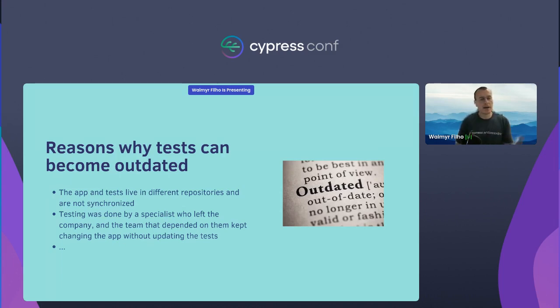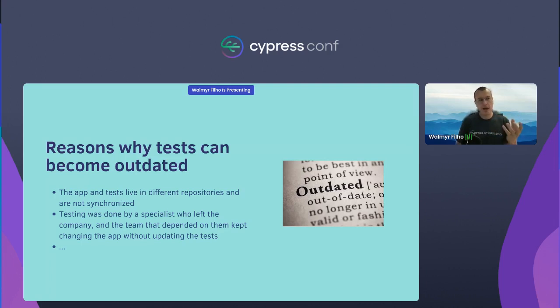Many people actually come to me and ask, Walmyr, should I put the end-to-end tests together with the repository of the application or in a different repo? I always encourage people to have the tests in the same repository as the application that they are testing, because this helps on synchronizing changes in the application with the test code.